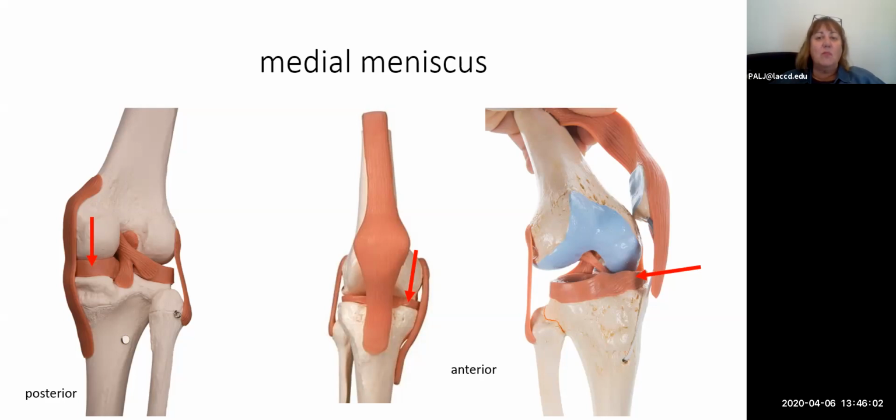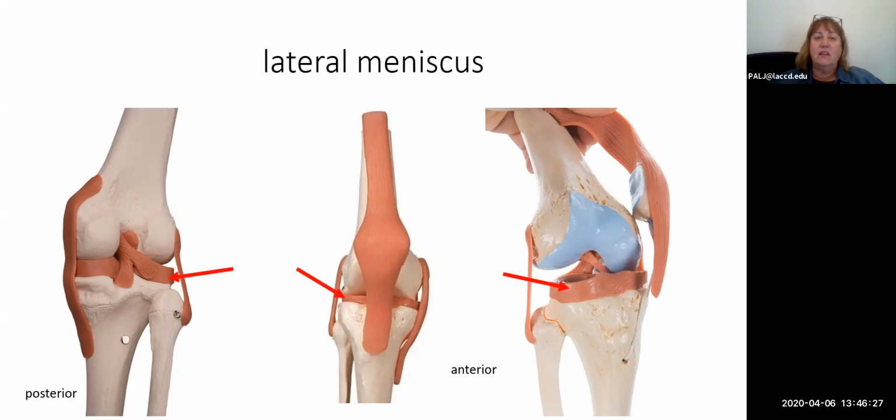We'll learn a lot more about them in lecture. The one that is on the medial aspect is called the medial meniscus. And then still staying on the tibia, we have another one that's on the lateral aspect of the tibia because it's close to the fibula, which is the lateral bone. So the one that is on the lateral aspect of the tibia is called the lateral meniscus.